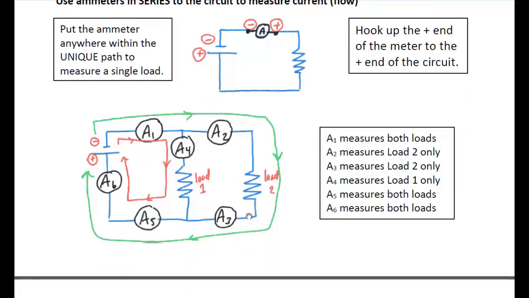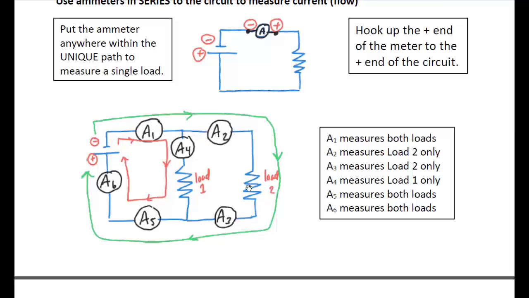If I have a parallel circuit, then I can have 2 pathways here. So you've got the little red pathway, and then we have the big green pathway flowing around the outside. If I place it in this pathway here, A1, well, this is the common pathway for both of these branches. So this should measure both loads. A2, though, is in a unique pathway. So is A3.